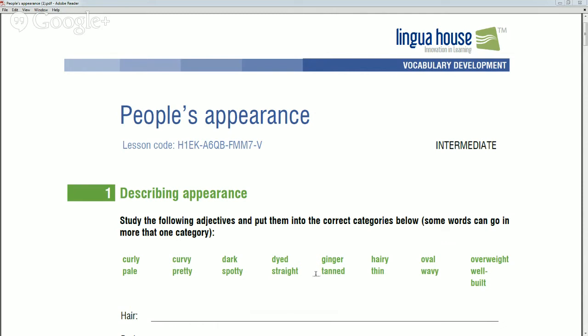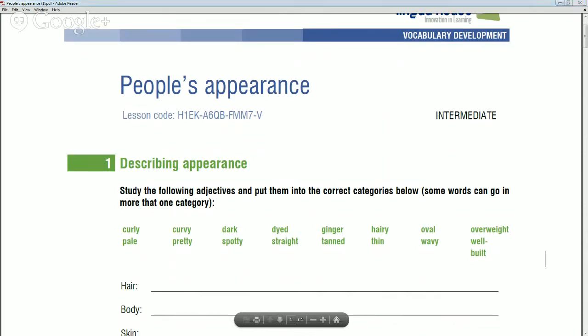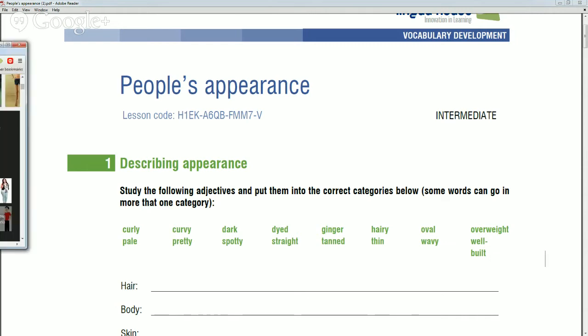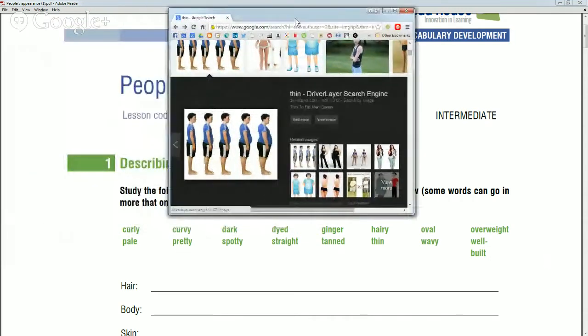I don't know spotty. Tanned, I guess, is when I get the sun. And ginger, I don't know, and curly.